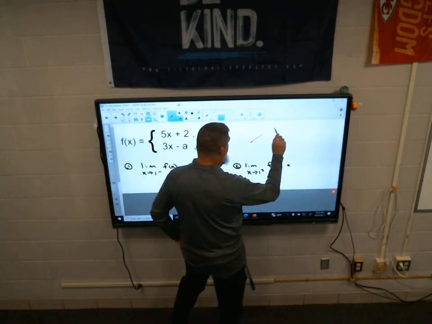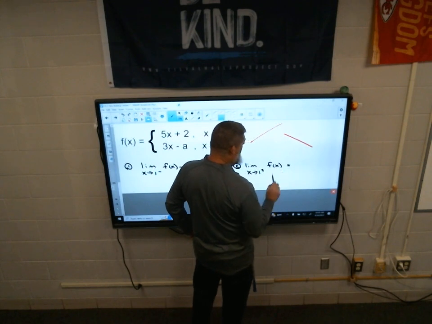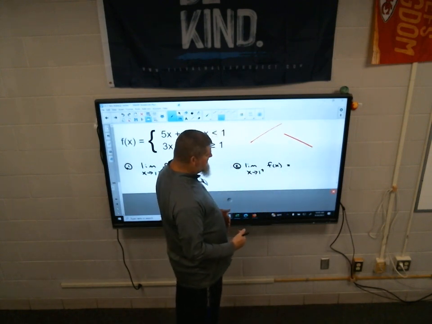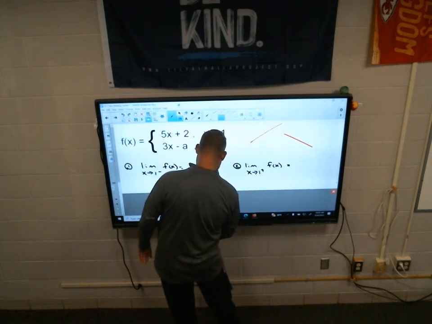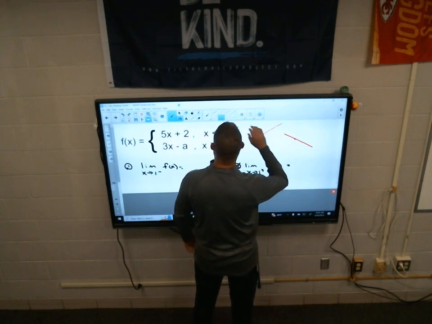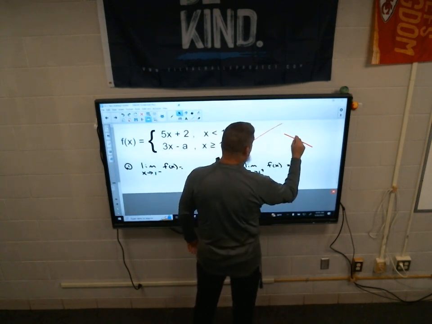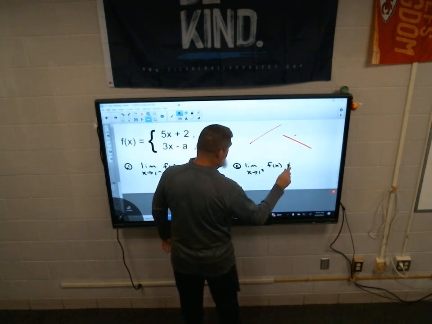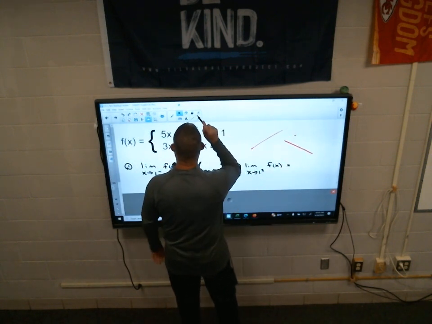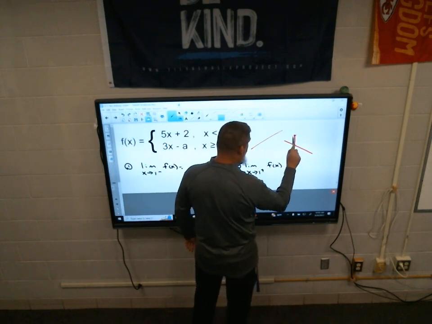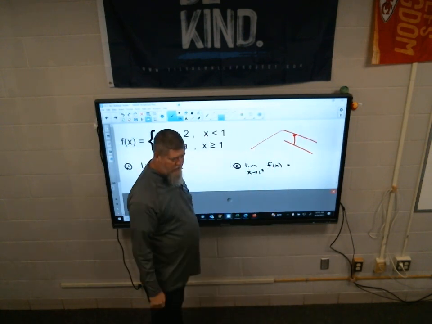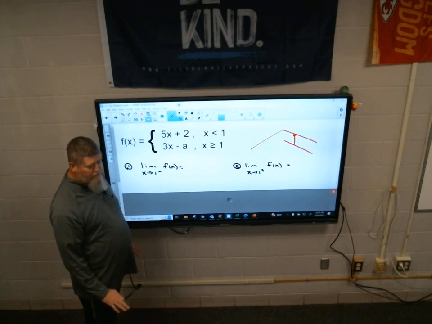If we have a linear and a linear, in order for them to be continuous, I simply have to make sure, I'm going to go here, make sure that this, I drew. We have to slide it up so that it's on top, so it's next to each other, so it connects. Okay? So that's all we have to do with linear.